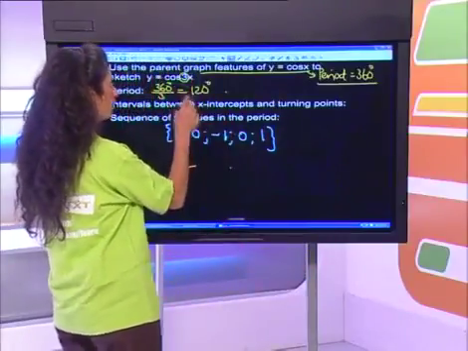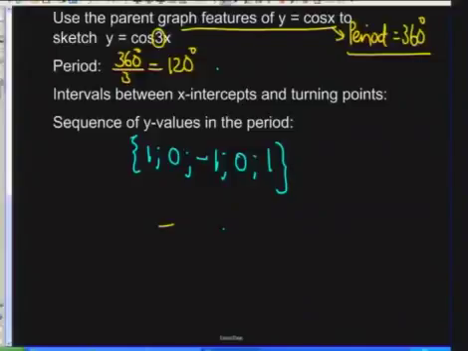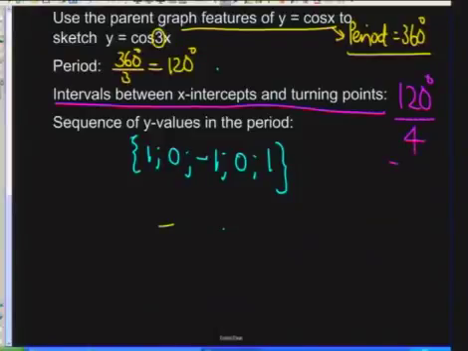Question is, how many degrees will it take for us to plot these intervals? So this is really the second thing that we want to do. We want to take what are my intervals between the x-intercepts and the turning points. And how do we find that out? We take our new period, 120, and we said there are 1, 2, 3, 4 that we have to plot. So if we divide it by 4, it's equal to 30 degrees.